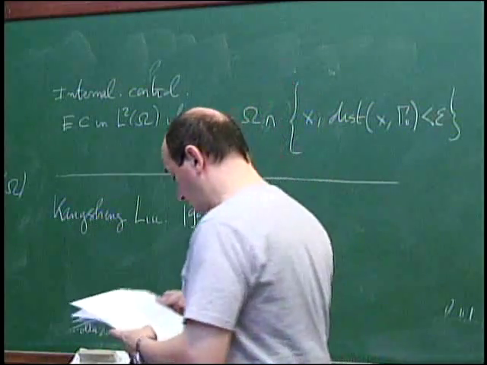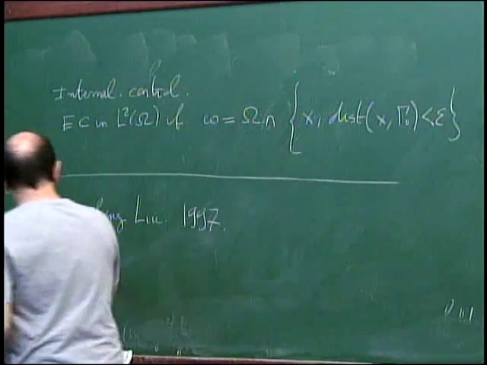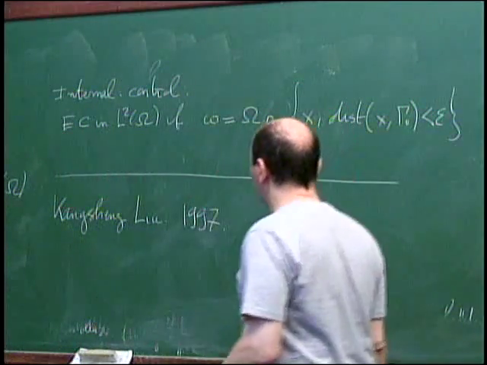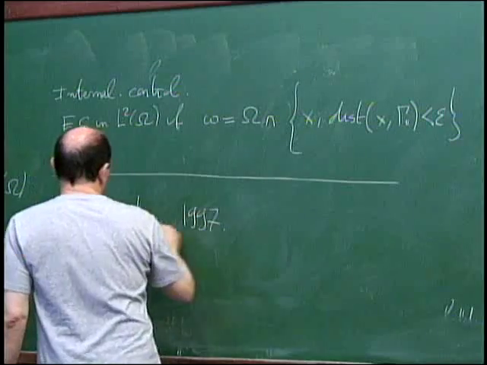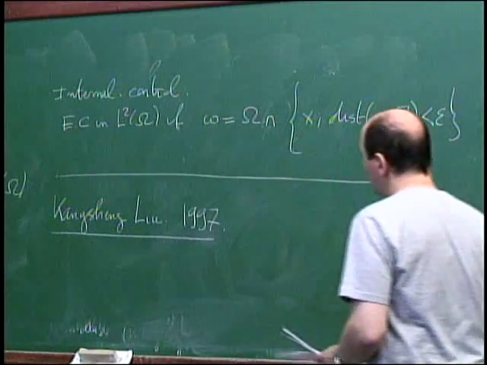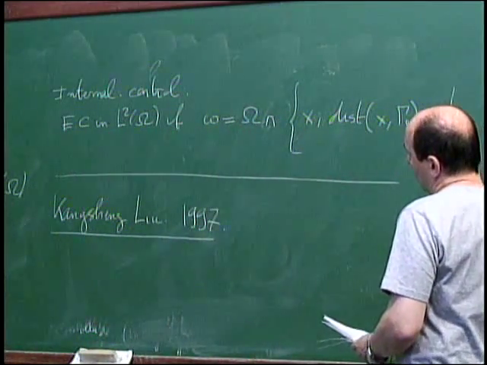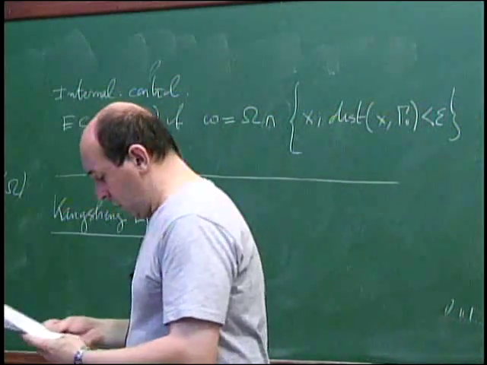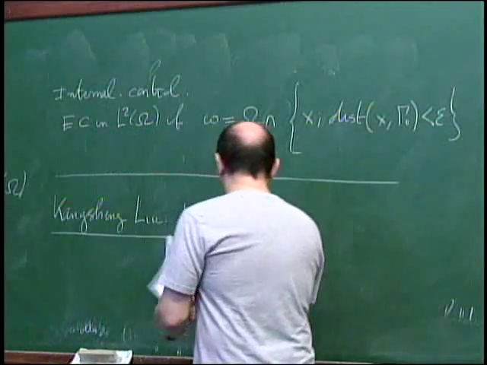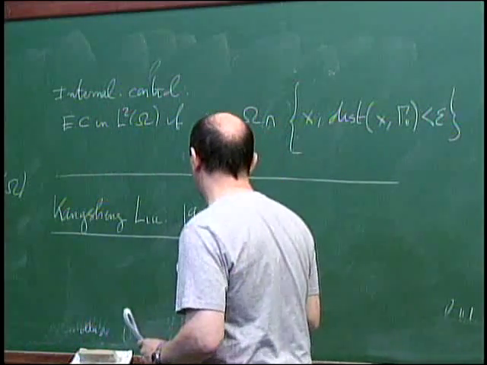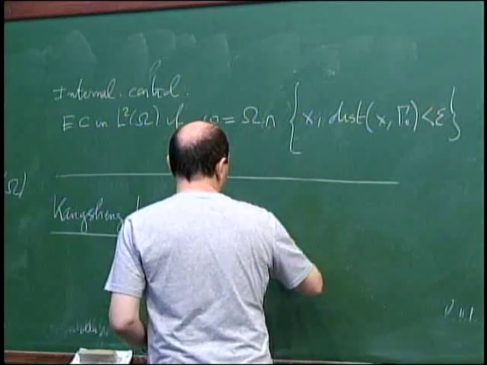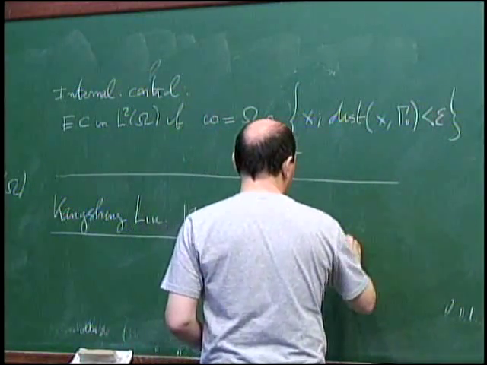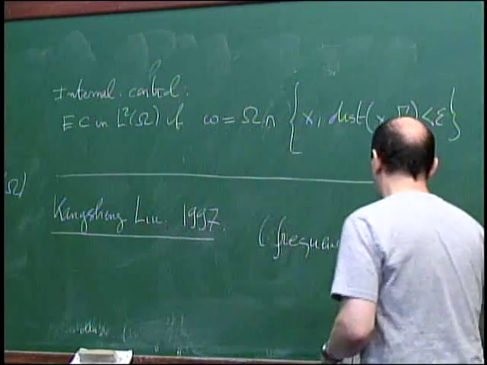Okay, and the set didn't need to be analytic, so you have some improvement for the smoothness of the set. And what is interesting is also that you use another approach, which is based on frequency domain considerations. So I will now look a little bit at this kind of criterion.